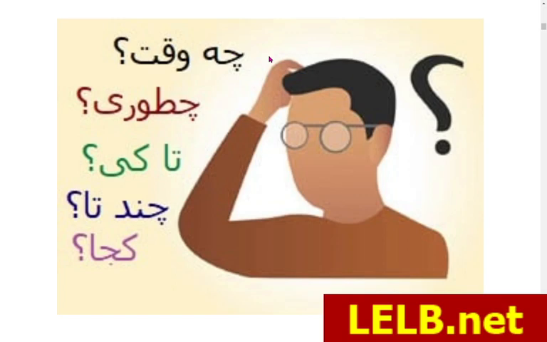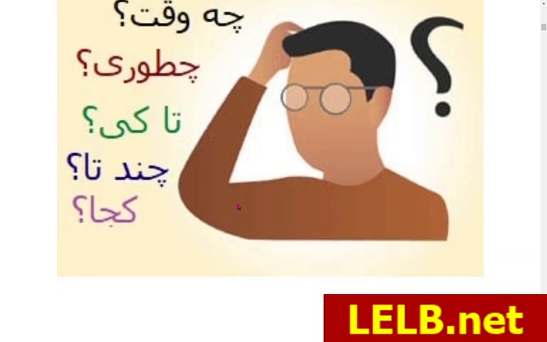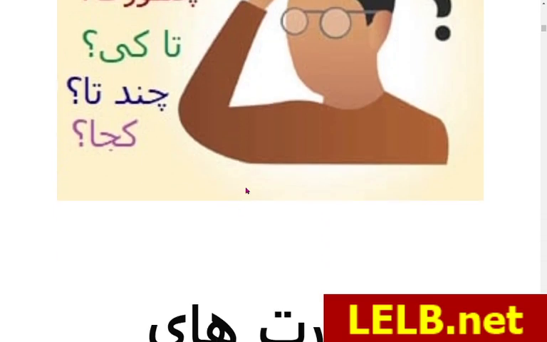They do not start with W in Farsi, but anyway, if you want an equivalent, for example, چه وقت means when, چطوری or چطور means how, تا کی means up to which time, چند تا, how many, کجا, where, and these are just some of them.